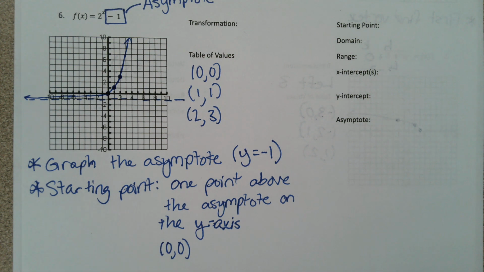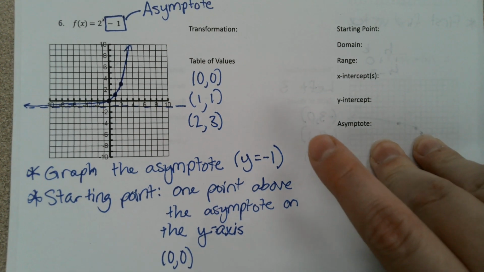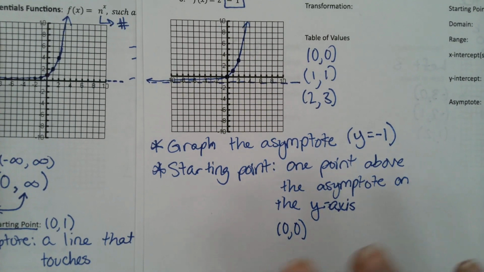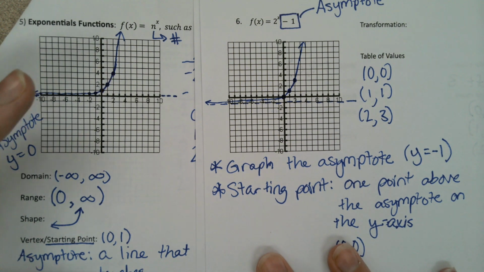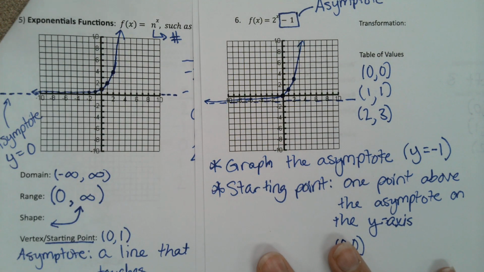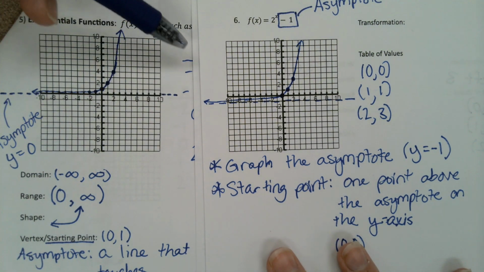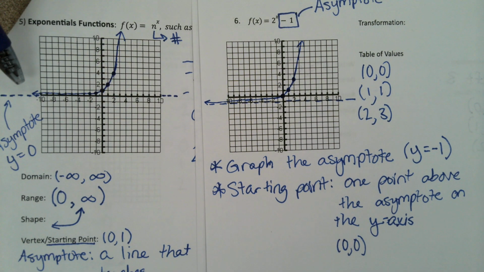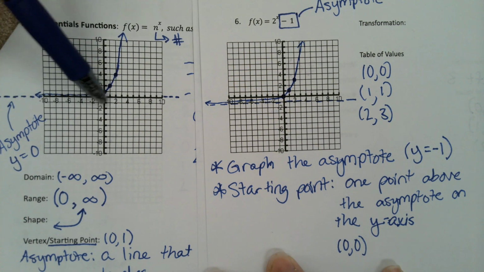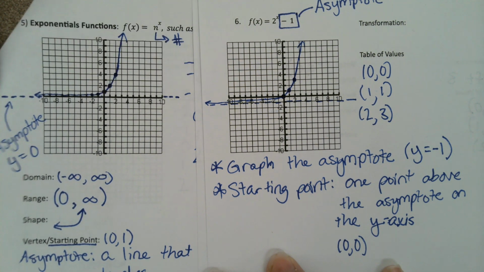That's it on the exponential. Oh, I didn't do the transformation. So here's the original. This is 2 to the x, and this is 2 to the x minus 1. The difference is subtle. I always look at the asymptote to figure out what happened to it. Here, the asymptote is at y equals 0 on the y-axis.